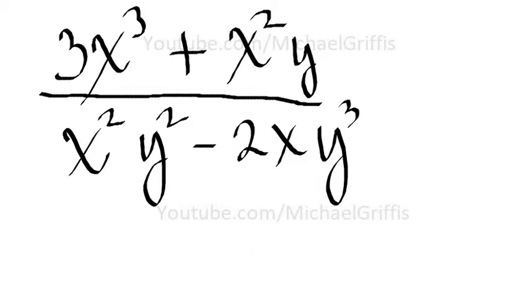Okay, so we want to look at the numerator. I didn't leave much room really to work for this one. Look at the numerator. What can we factor out of there? In other words, what do we have over here in this term that's also in this term here?